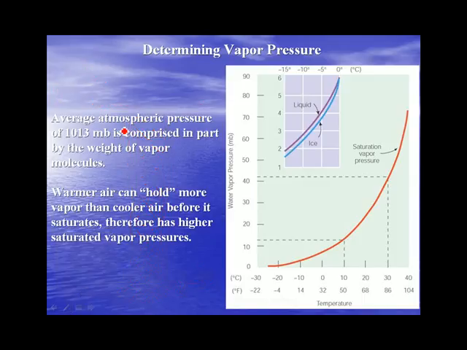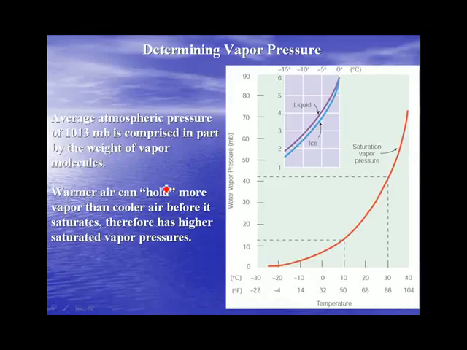So the average atmospheric pressure we determine is 1,013 millibars, and part of that atmospheric pressure is made up of vapor molecules. Recall, we talked about nitrogen making up 79% of the composition of an air parcel, oxygen 20%, and water vapor making up anywhere from 0 to 4%, depending upon how much you have in the particular air parcel.